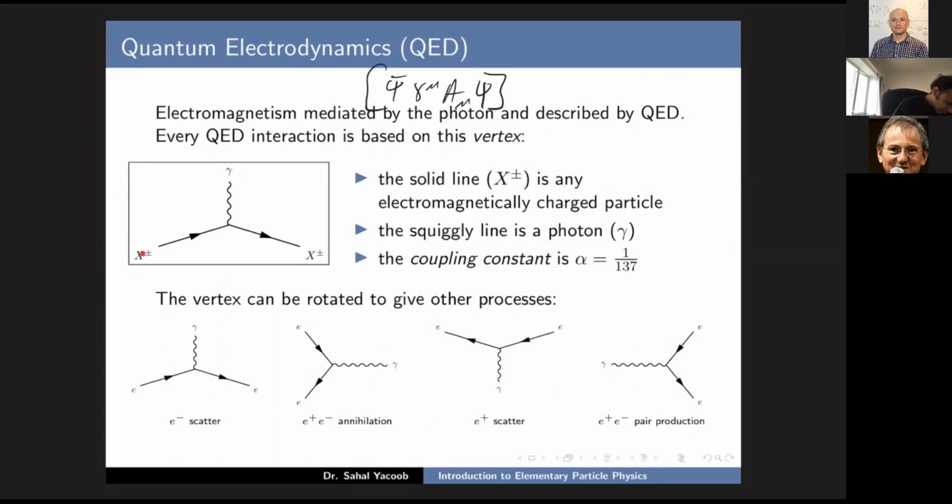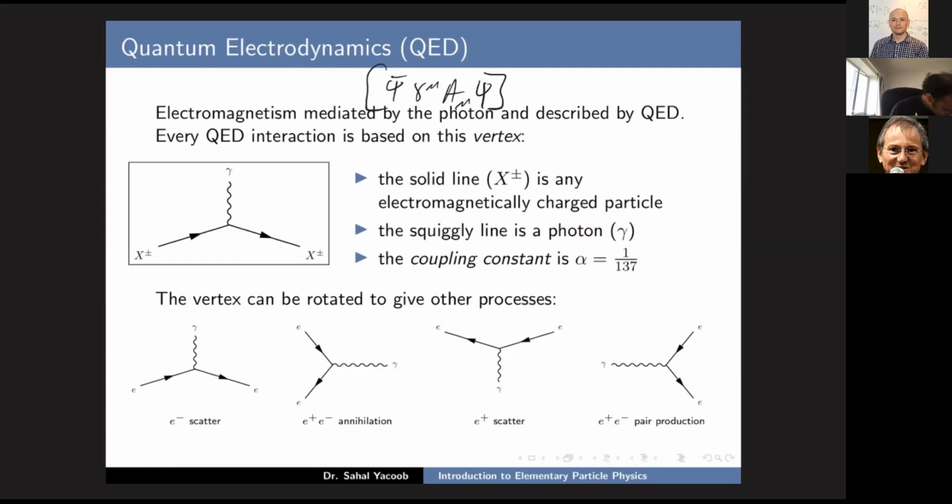We have an incoming lepton, an outgoing lepton, and a photon. There's always two solid lines and a squiggly line. And every time we have one of these vertices, that means there's an interaction mediated by a photon, and we get this alpha equal to 1/137.